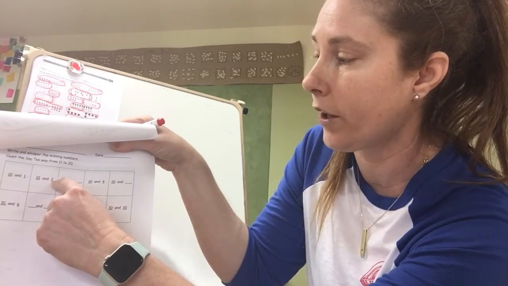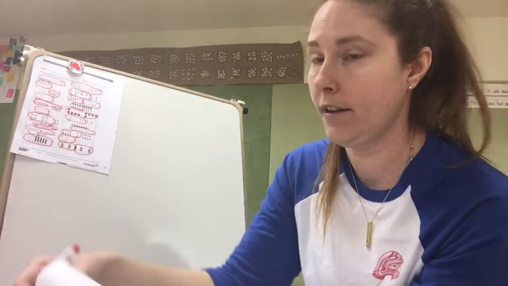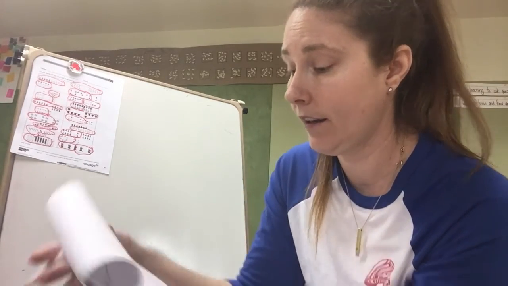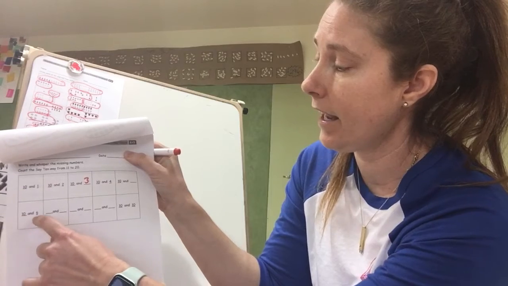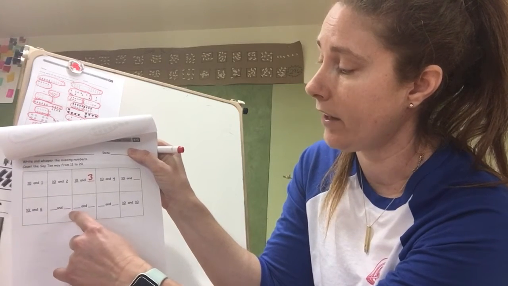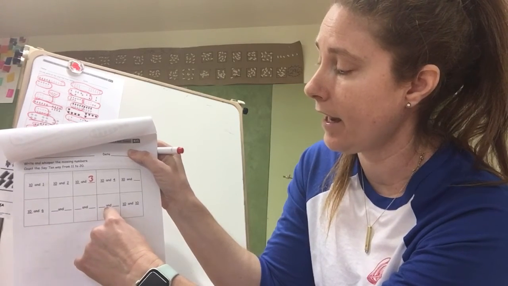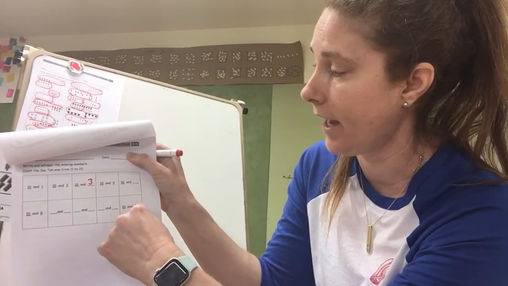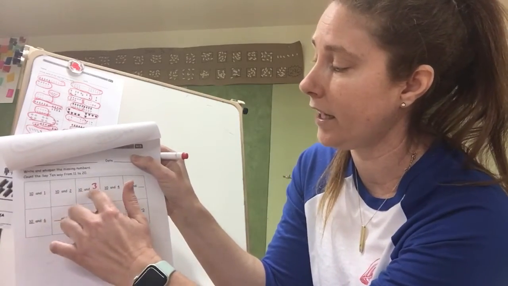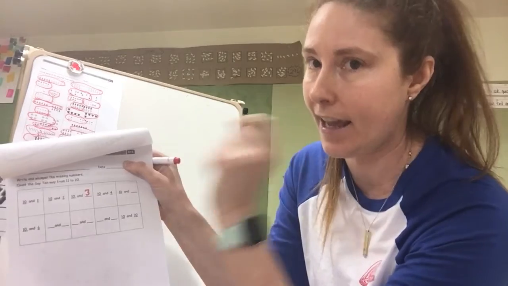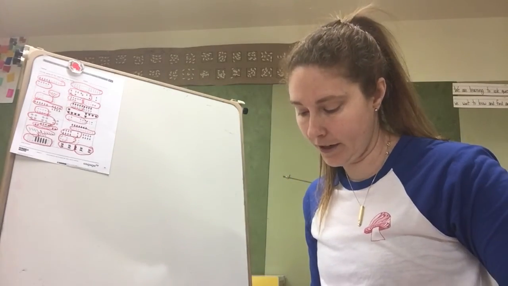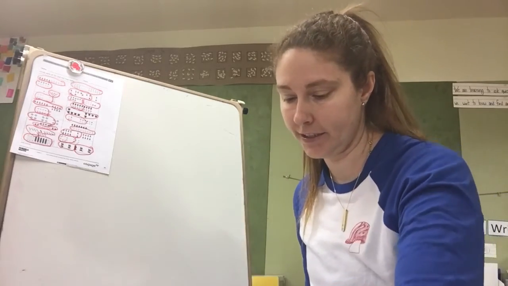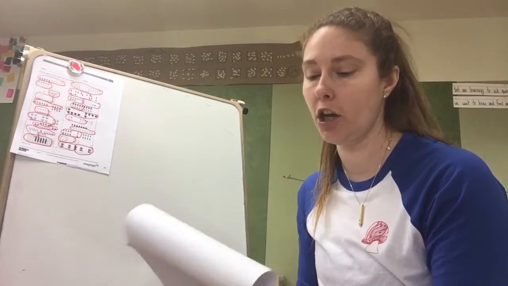And you're going in order. 10 and, yes, 3. 10 and 4, 10 and 5, 10 and 6, 10 and 7, 10 and 8, 10 and 9, 10 and 10. And really practice reading your sight word and. It will help.